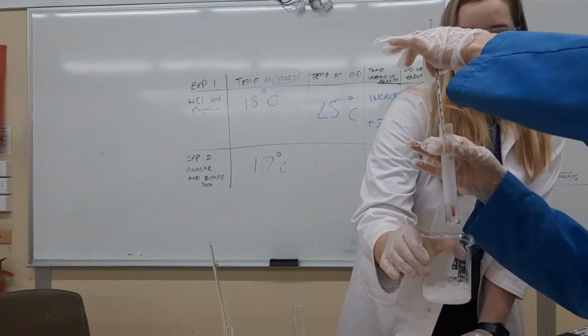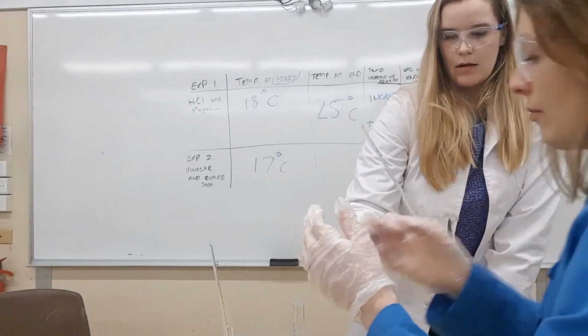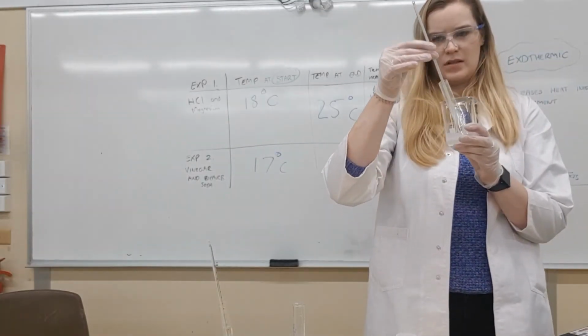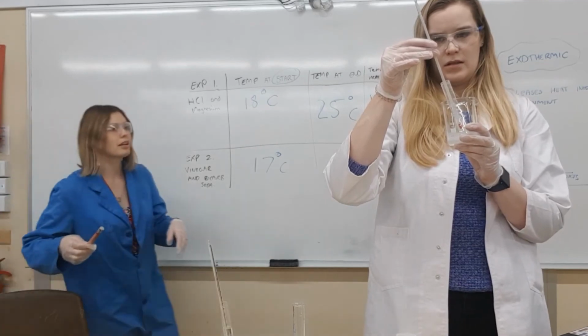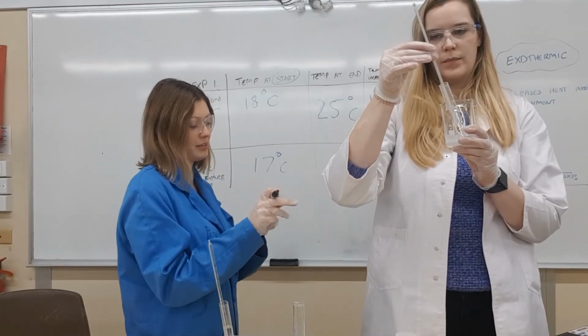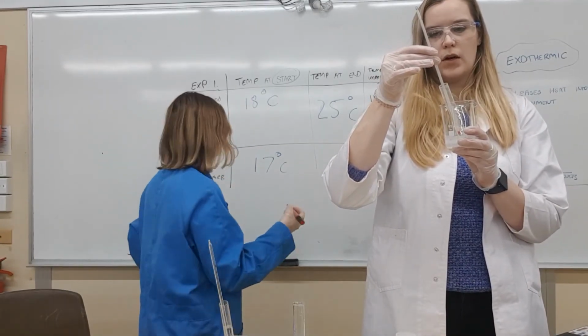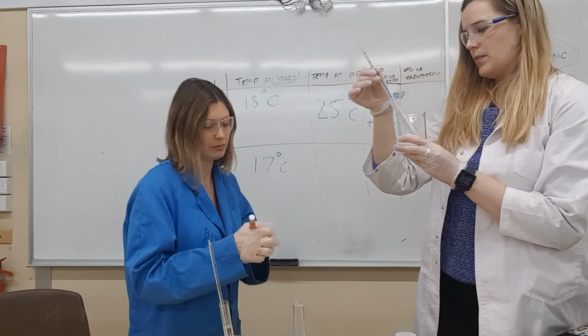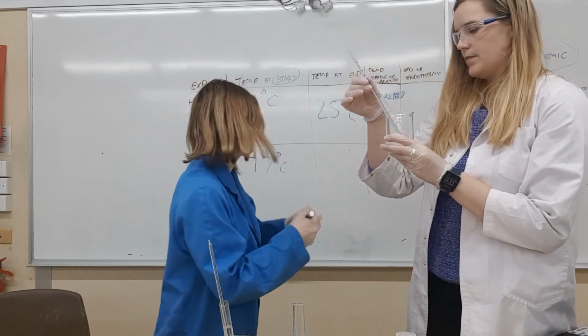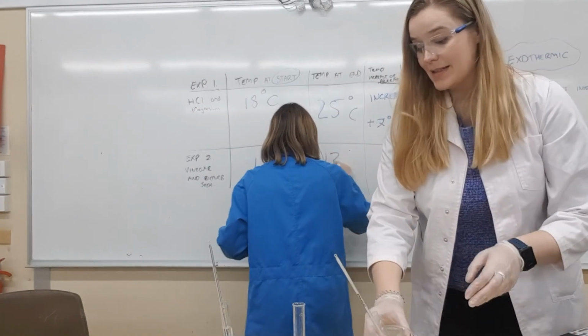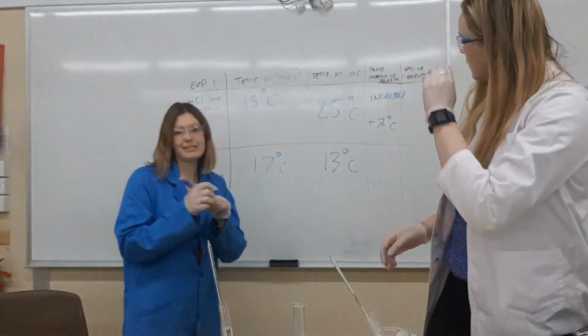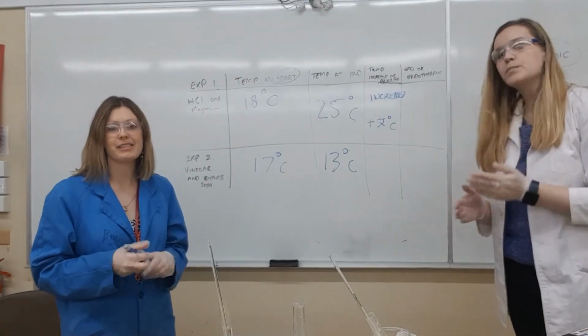All right, I think the reaction stopped. Okay. I took it out so it will be warmer actually. Yeah, that's okay. So we're actually now sitting at about 13 degrees. Okay. Which is still a decrease. So we had 17 degrees, it went down to 13 degrees.